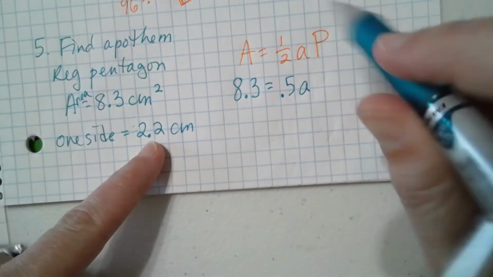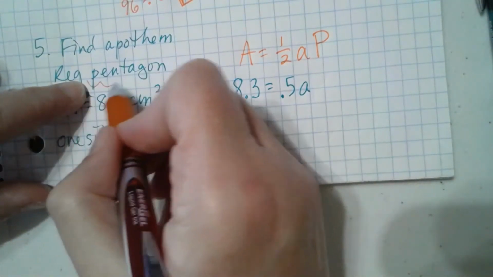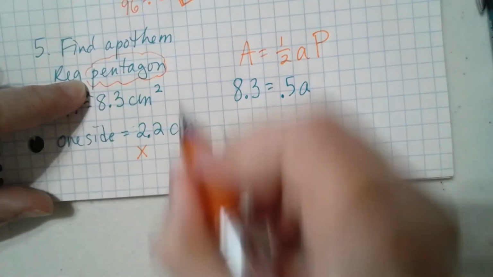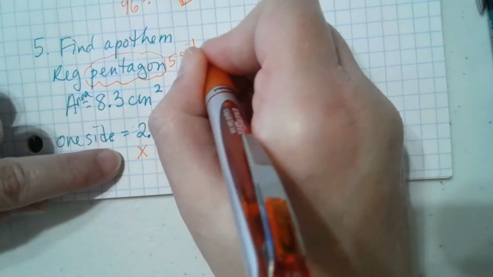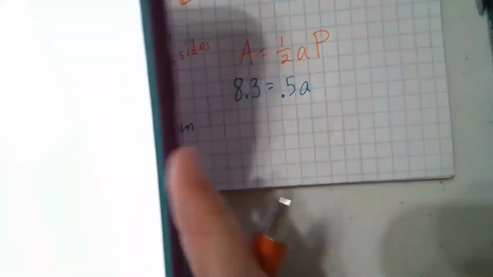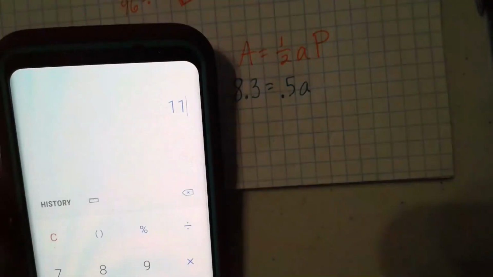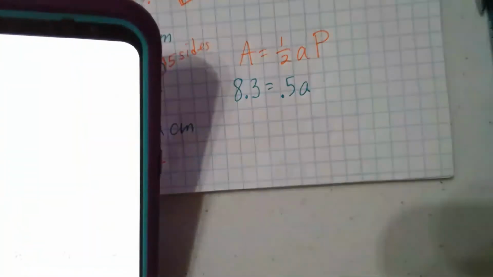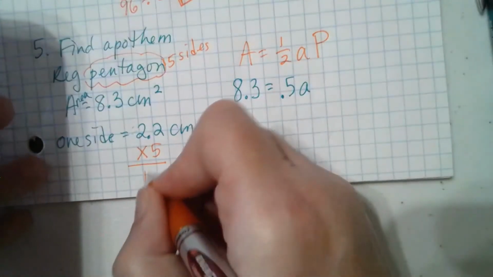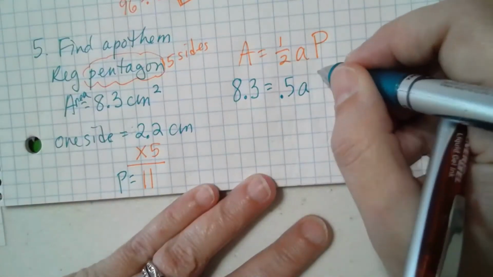If one side is 2.2, how many sides are there on a pentagon? Pentagon has 5 sides. So 2.2 times 5 gives us 11 for the perimeter.